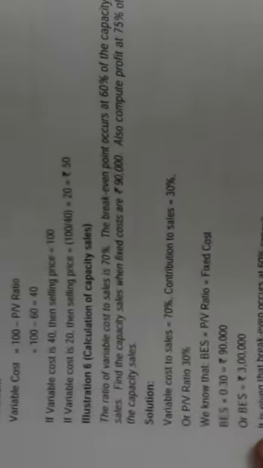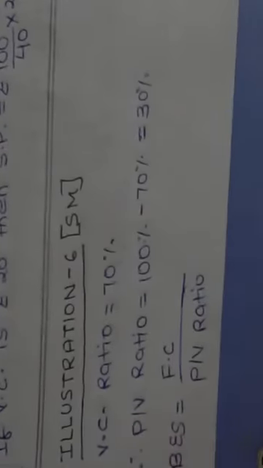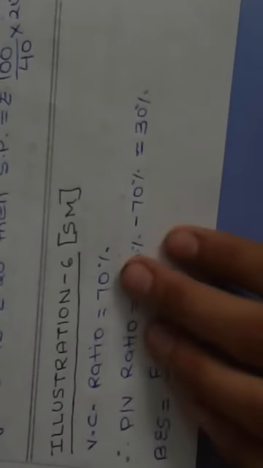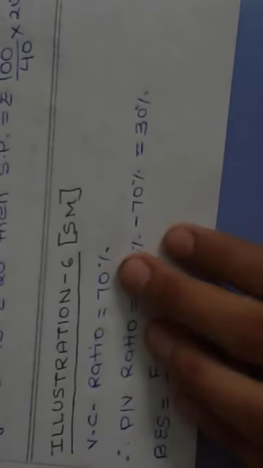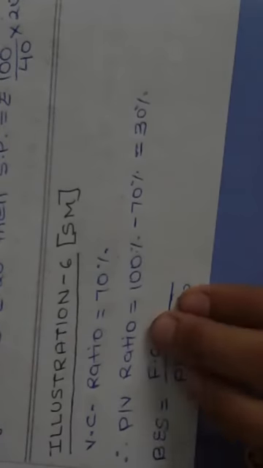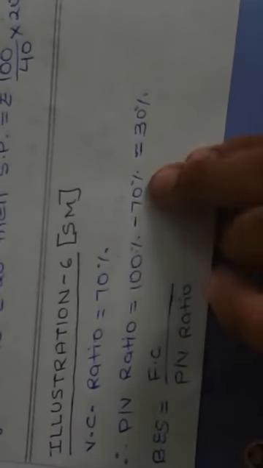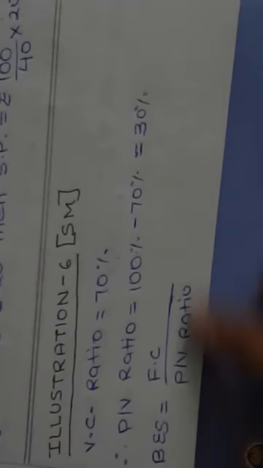So now see, variable cost ratio is equal to 70% given in the question, therefore PV ratio is equal to 100% minus 70%, which is 30%.